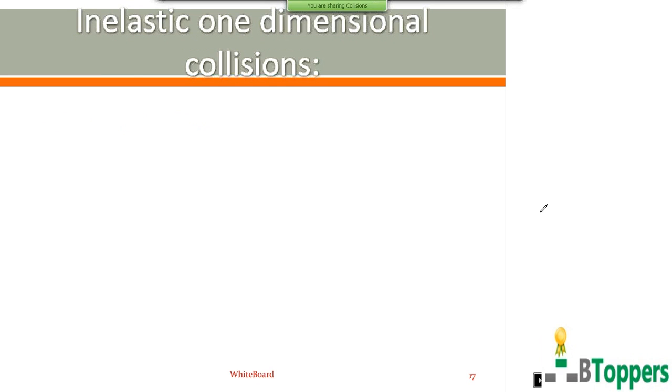So I would like to calculate the kinetic energy lost in the case of a completely inelastic one-dimensional collision. In the case of a completely elastic collision, e is 1. For a completely inelastic collision, e is 0. So in general, for a one-dimensional collision between two spheres or between two colliding bodies, e lies between 0 and 1.